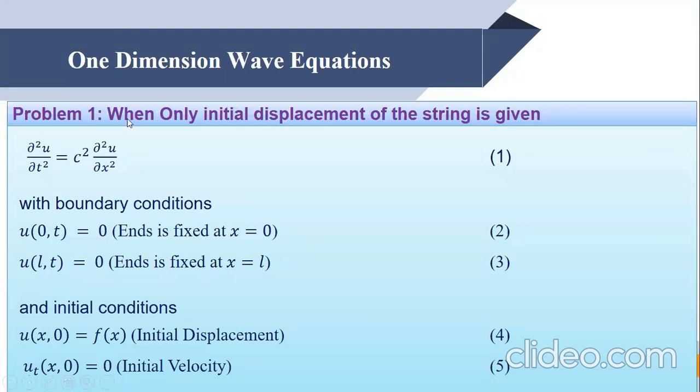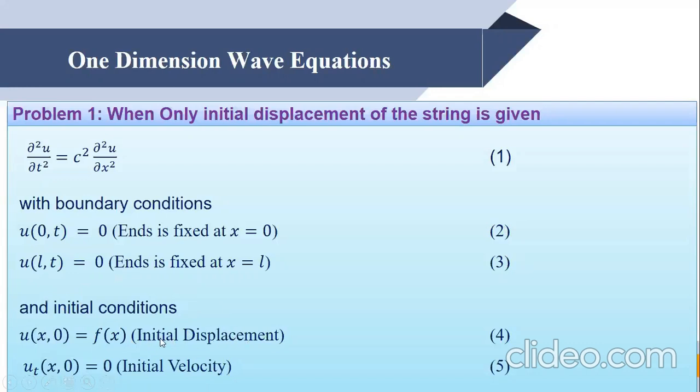So problem 1, when only the initial displacement of the string is given. Therefore, the initial boundary value problem of this type, we write the one dimension wave equation as equation 1 with the boundary conditions u(0,t) is equal to 0 and u(L,t) is equal to 0, because the length of the string is L. So equations 2 and 3 are the boundary conditions.